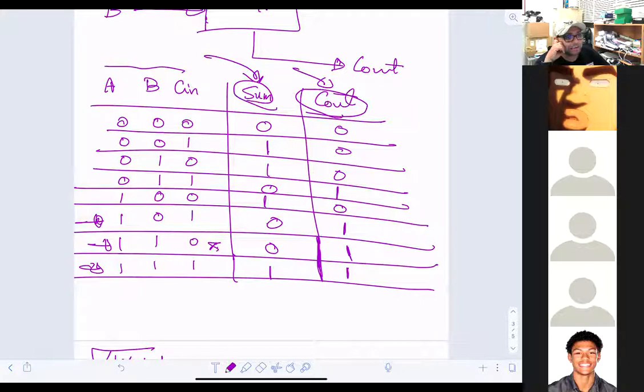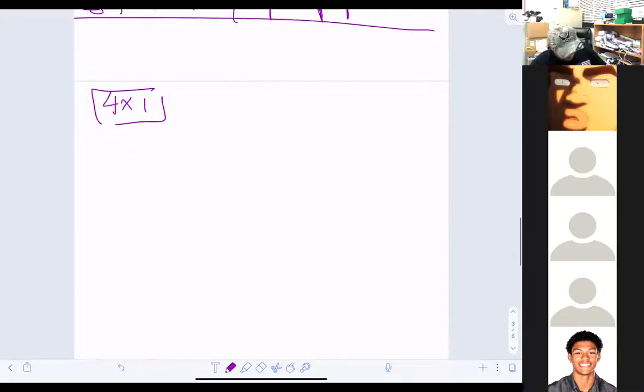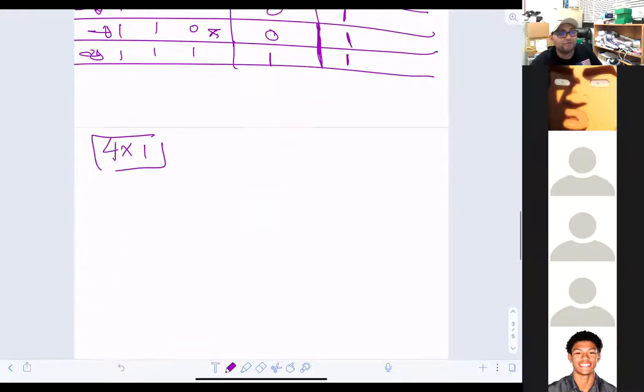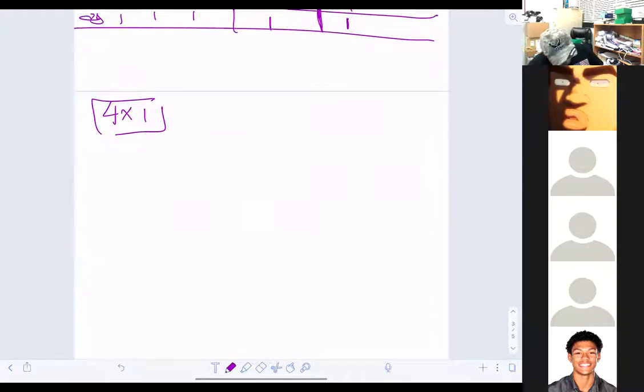That makes sense? That's going to be clear when you do the rest of the question. I will do it. Exactly. So the trick of how to build it using small multiplexers, I'm not going to throw it again.